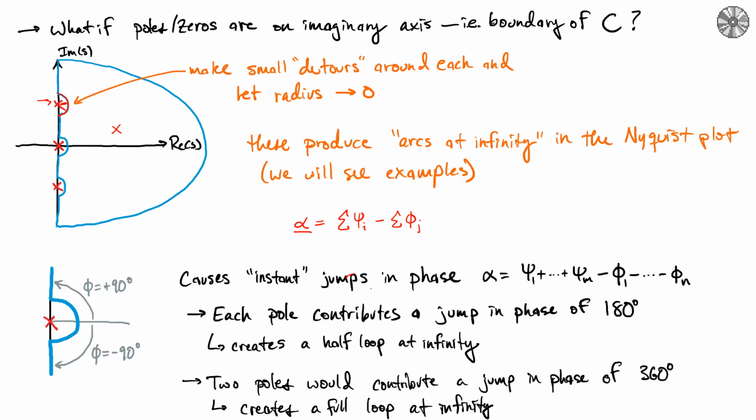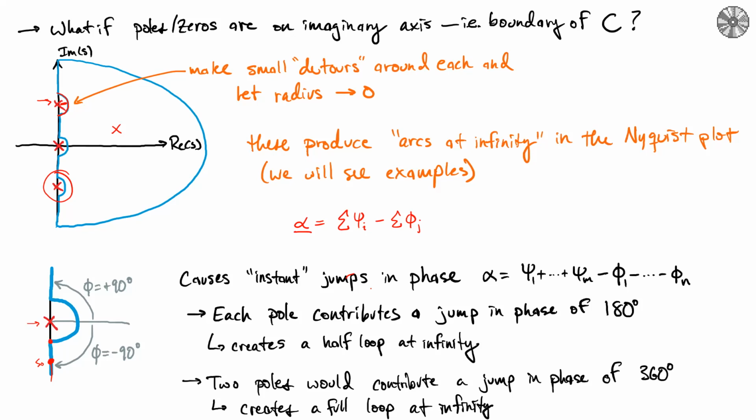If we look very closely around one of these little detours, initially a test point might be here, at which point the angle that this pole needs to look at that test point, S0, is minus 90. And that's true again here.